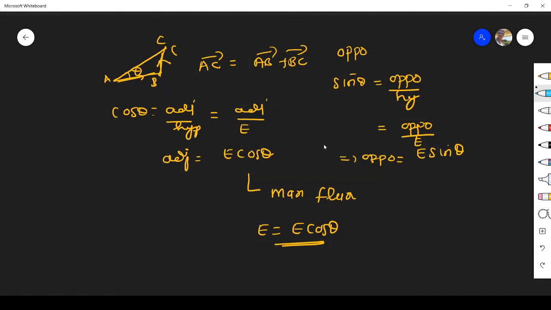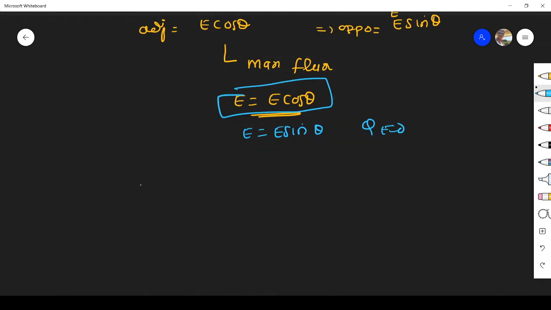So I take only this component of the electric field. So what is my phi? Phi is equal to EA, that we know. Instead of E, only E cos theta is contributing, so phi is equal to EA cos theta. This is the answer for the third one.